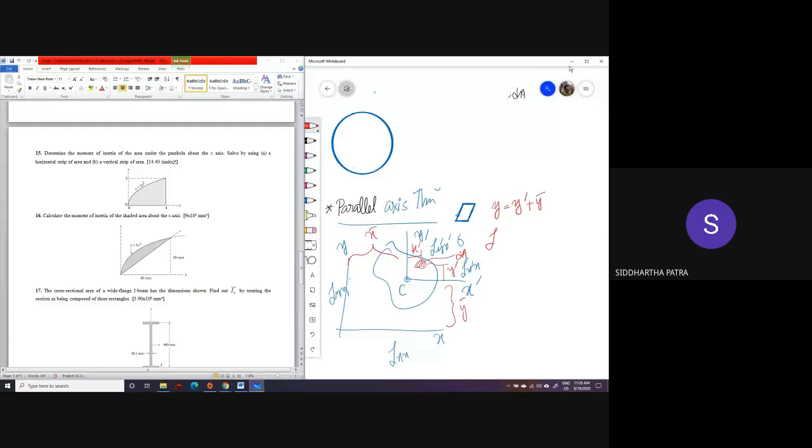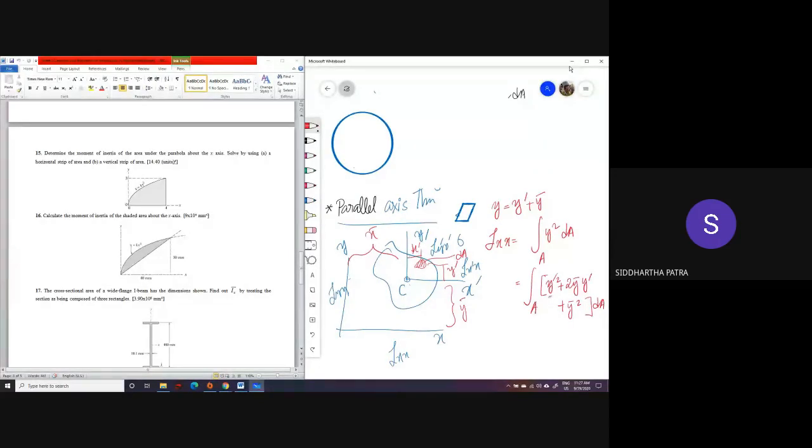And let's say I'm trying to evaluate IXX. So I'll be doing integration over A of y squared dA. That would be y prime squared plus twice y bar y prime plus y bar squared times dA.